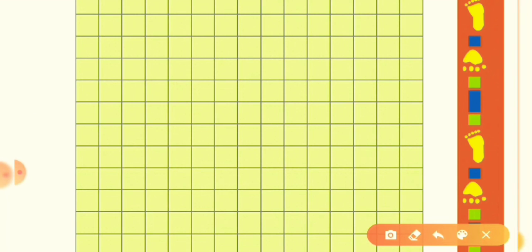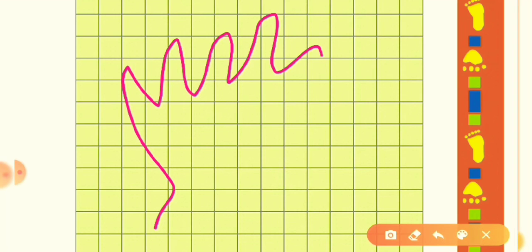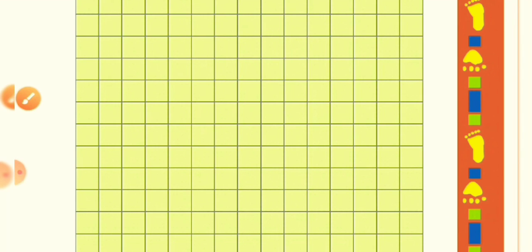For example, this is a hand that I made, and now you will count the complete squares, like this: 1, 2, 3, 4. And you will count the complete squares of your friend's hand. Then you will check which has more squares, and if your hand is covering more squares, it means your hand's area is bigger.